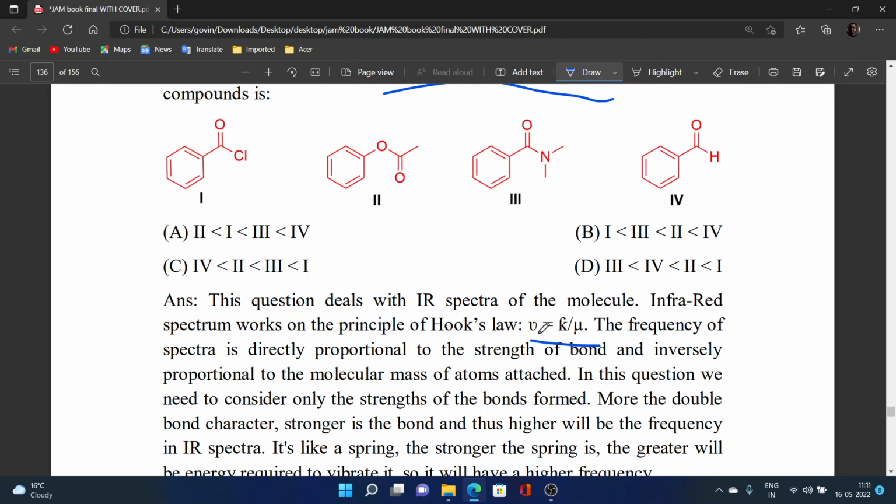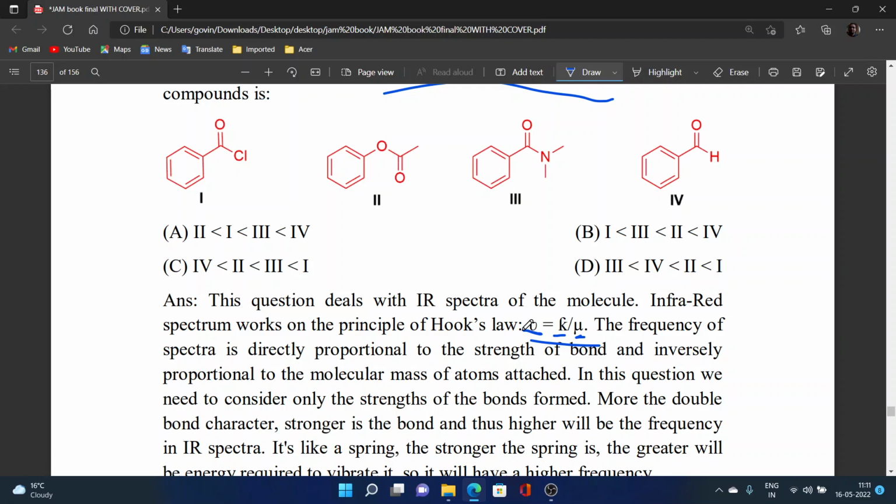It basically says the stronger the bonding, the more the frequency, because more energy is required to vibrate it. So it directly depends upon K, that is bond strength, and is inversely proportional to reduced mass. If mass is more, reduced mass will be more, so frequency will be low.